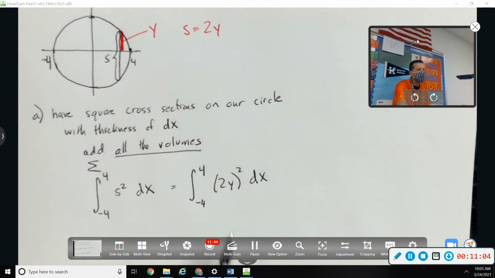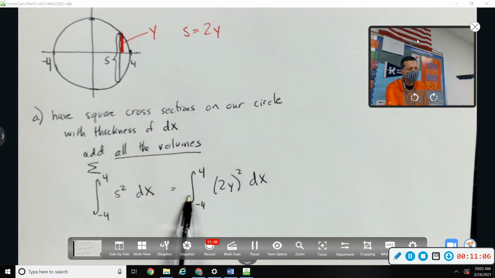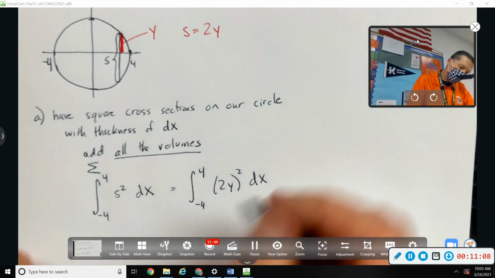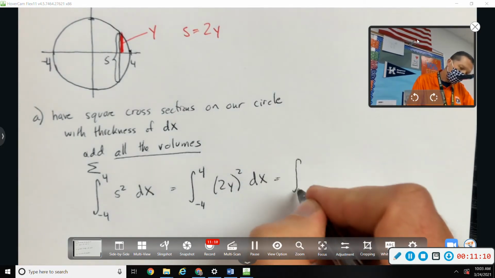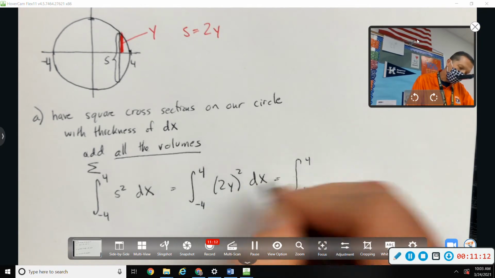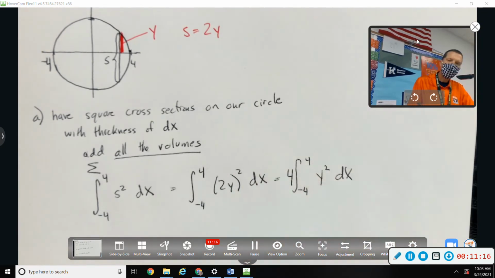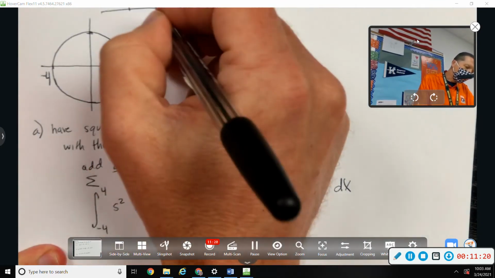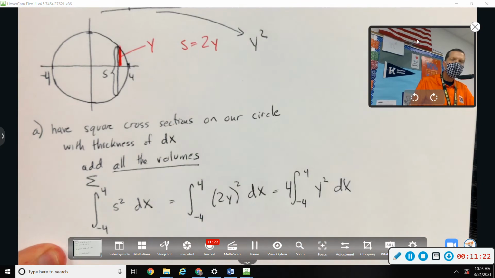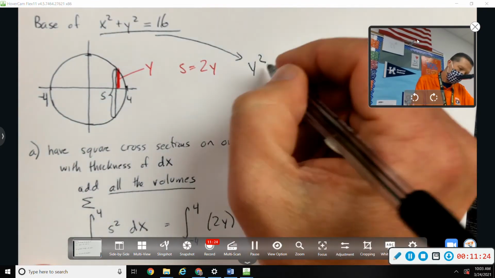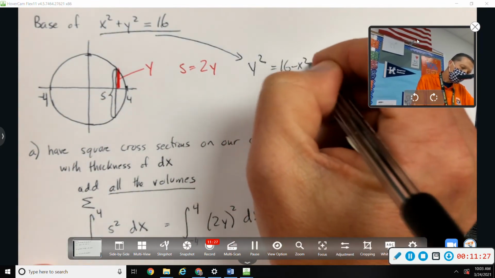I can't integrate yet because I've got Y's and X's, so that's a bit of a problem. So let's square the 2, take the 4 out. Y squared. But we know what Y squared is equal to. Y squared is equal to 16 minus X squared.